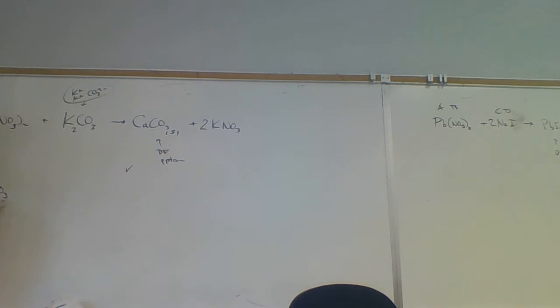Sulfurous acid is H2SO3. That decomposes spontaneously to H2O liquid plus sulfur dioxide gas. But this in itself is not a favorable ion combination. This is just an unstable compound that decomposes. So metathesis is only double replacement? No, metathesis is ion combination.